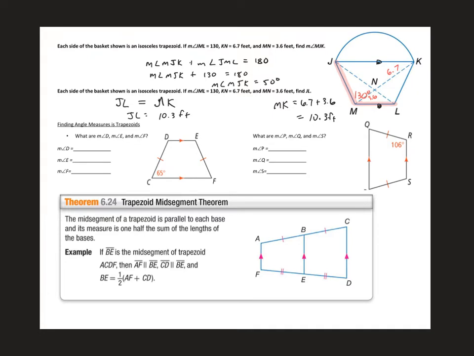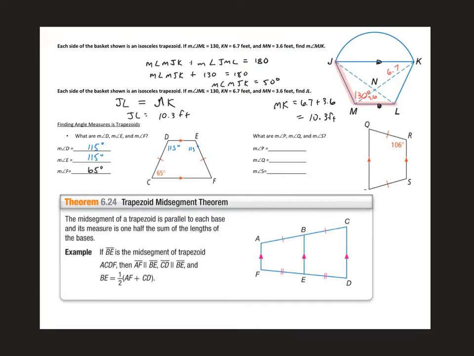So angle F is 65 degrees. And that means that the measure of angle D right here is going to be 180 minus the 65. So 180 minus the 65, that is 115 degrees. And since that's 115, I know because it's isosceles that angle E also has to be 115 degrees.